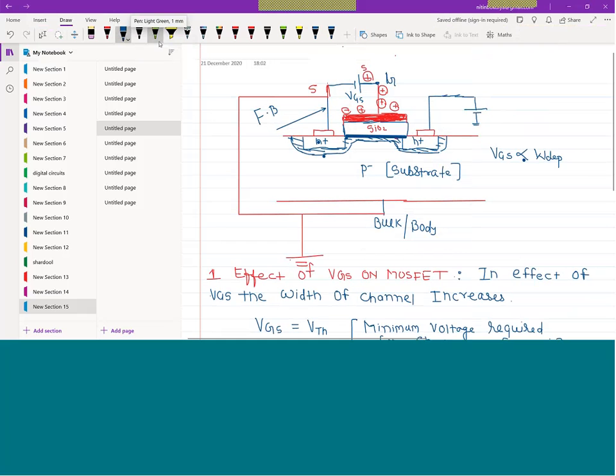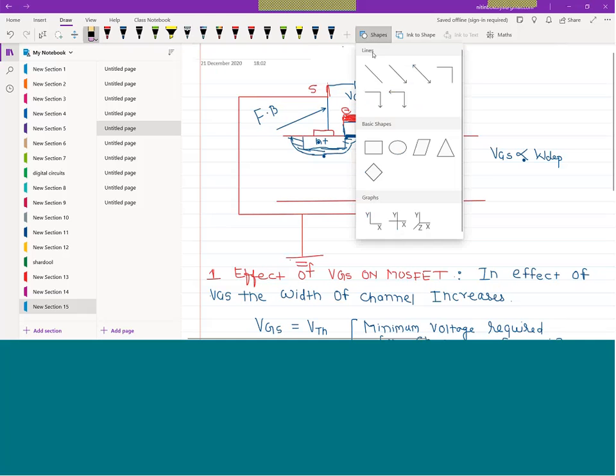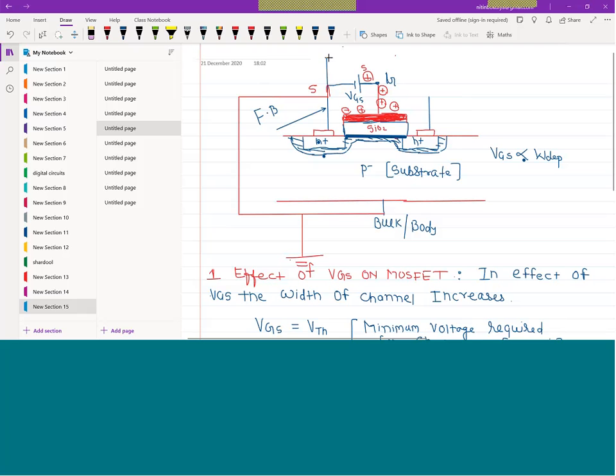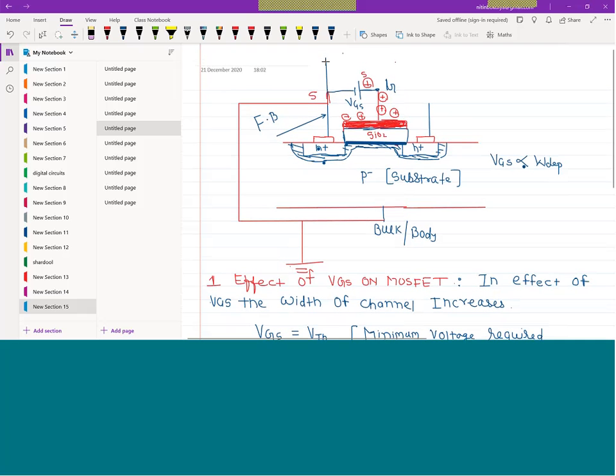Or better to draw this in this way. Second junction is reverse biased.